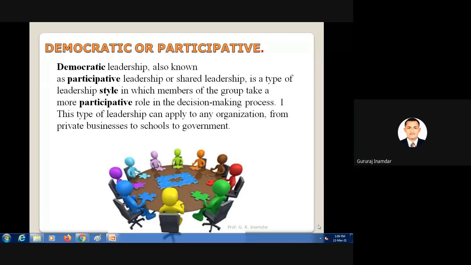Considering your managerial chair and your responsibility, you have to decide which people should give suggestions, which type of suggestions, and how many suggestions you implement in your project. We have to consider all these factors in democratic leadership.